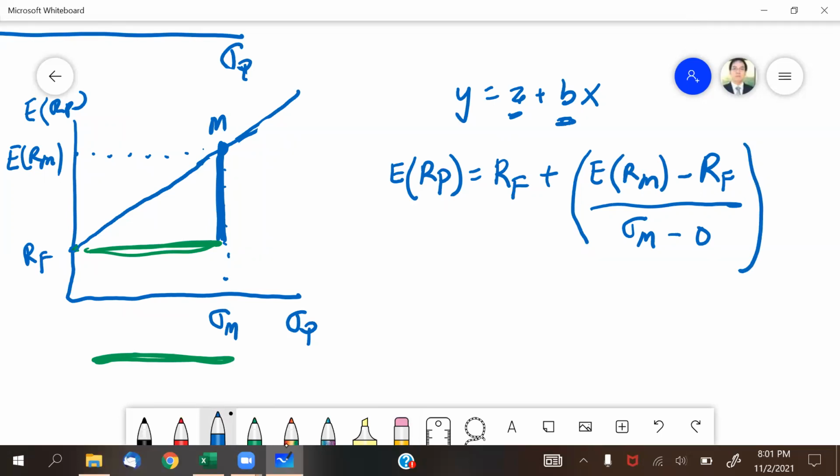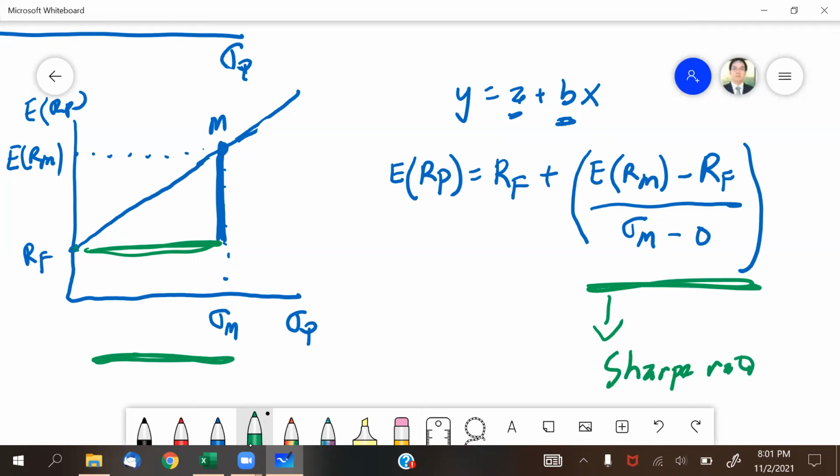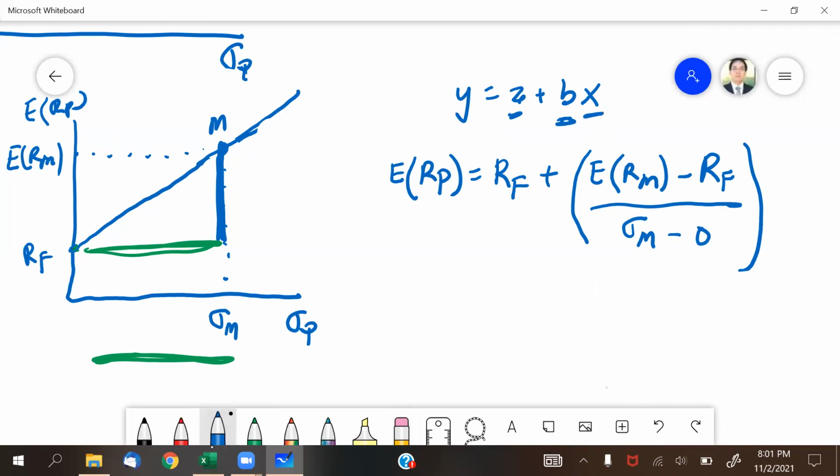Okay, this is the slope, right? So this is called the slope. What is another name for the slope? Sharpe ratio. This is the famous ratio name, Sharpe ratio. It bears the name of William Sharpe. Okay, then what is the x? Remember we still have x here. The x-axis, horizontal axis, is the portfolio risk.